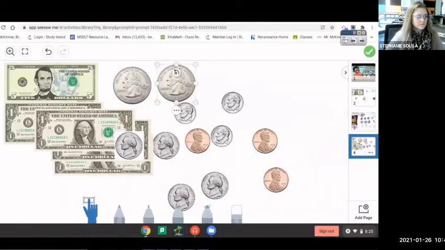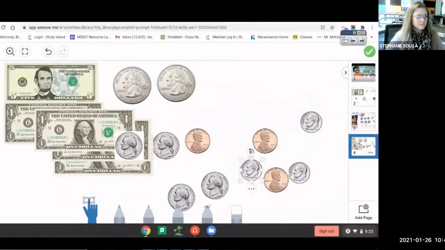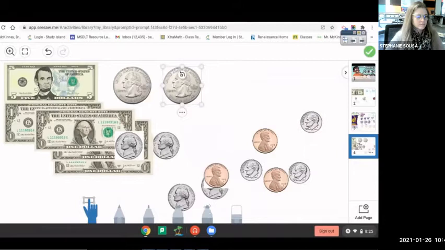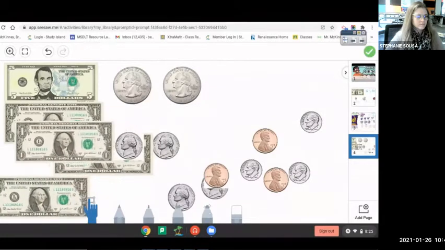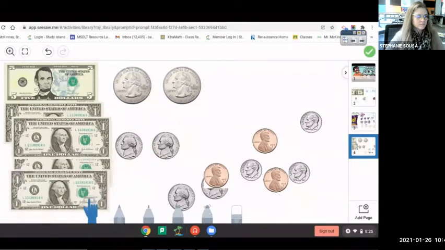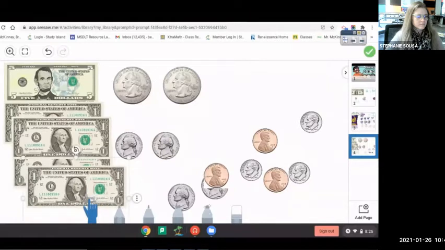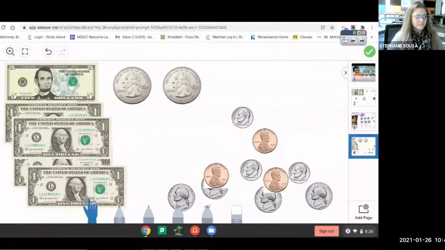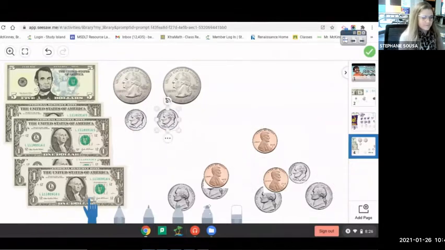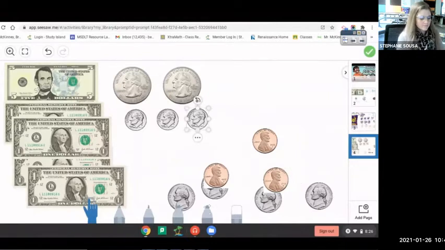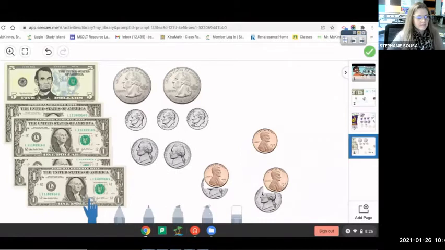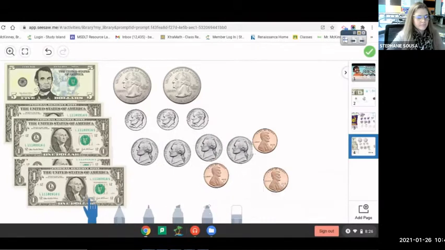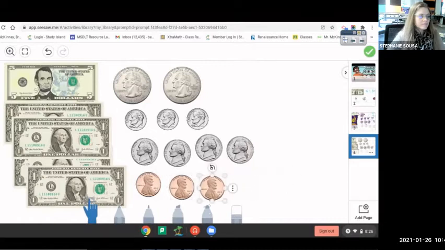And you can put these anywhere on the screen as long as you can organize it. So I can move my dollars over. I can spread them out a little more if I want to, as long as I can see them all. So I have my quarter, and then what's next? Dime. So let's put all my dimes in there, which are worth 10 cents each. Then what's next? Quarter, dime, nickel, and then penny.